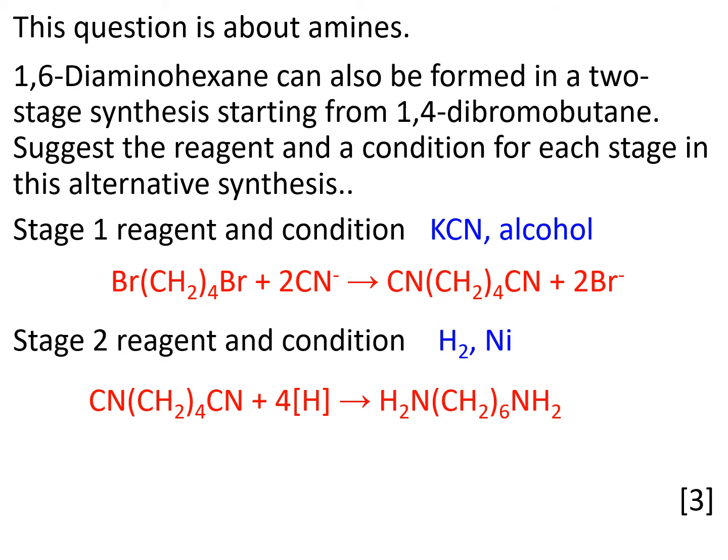So the CN- in the first reaction is also a nucleophilic substitution reaction. Worthwhile knowing the mechanism. The second stage, we've got the hydrogen in square brackets. It's a nice way of balancing that, just representing any hydrogen which is required for reduction there.